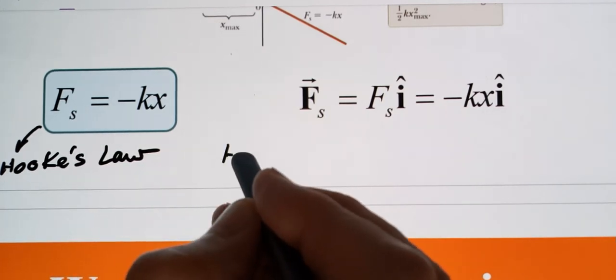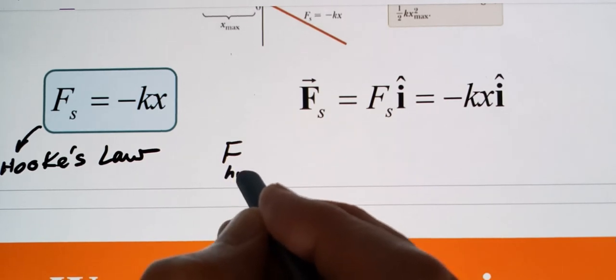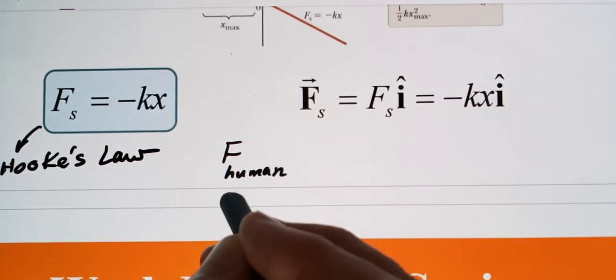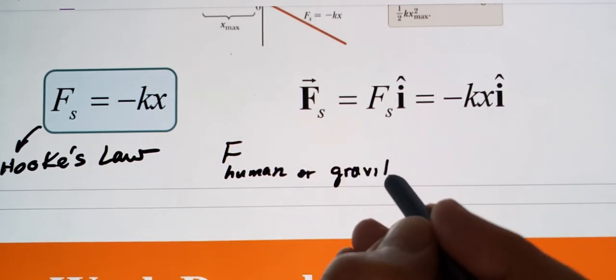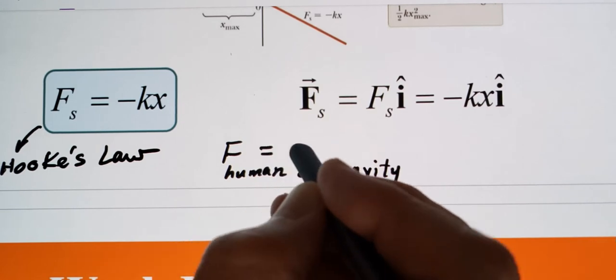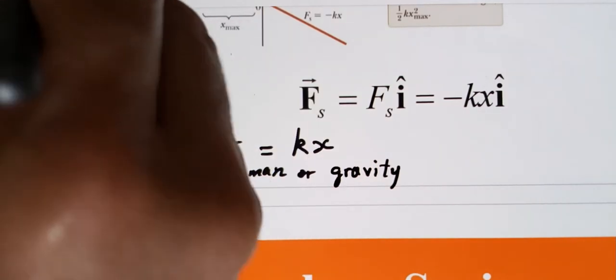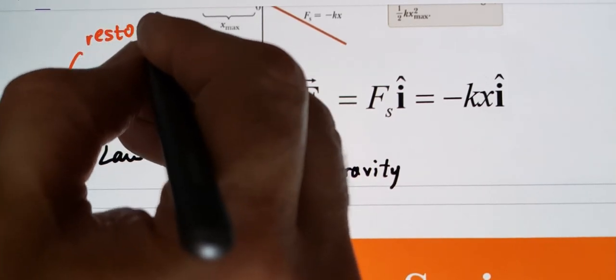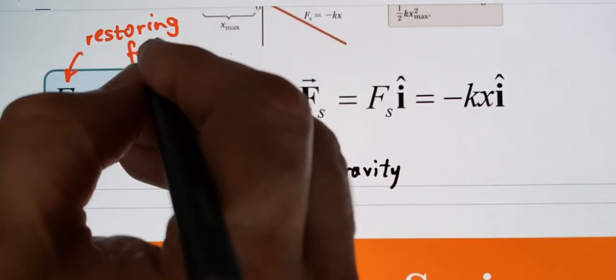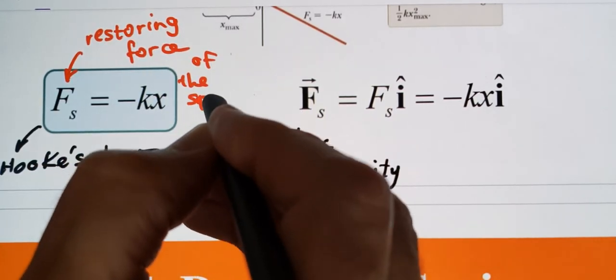So let me write it: F human, for example, or gravity, is equal to kx. And this force, the minus kx, is the restoring force of the spring.